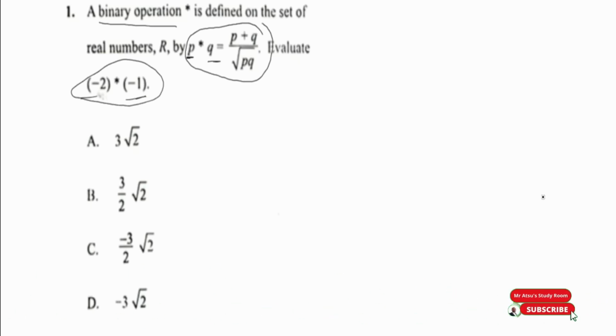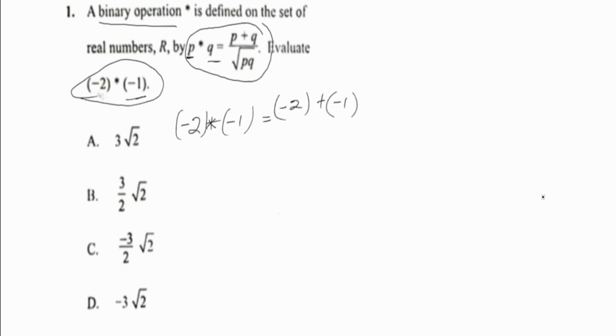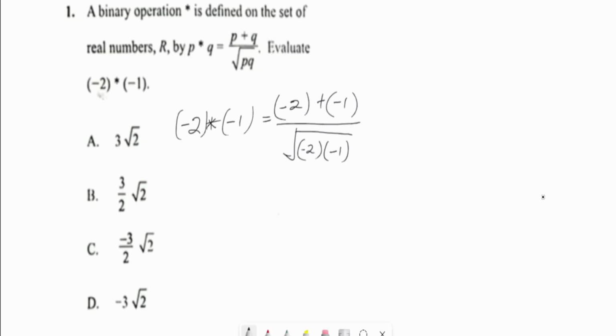So this simply means that -2 star -1 by this definition will be equal to the first one, which is -2, remember to put it in parentheses, plus the second one, which is -1, all over the square root of the first one, which is -2, which is P, multiplying the second one, Q, which is -1. All right. So this is what this means, according to the definition.